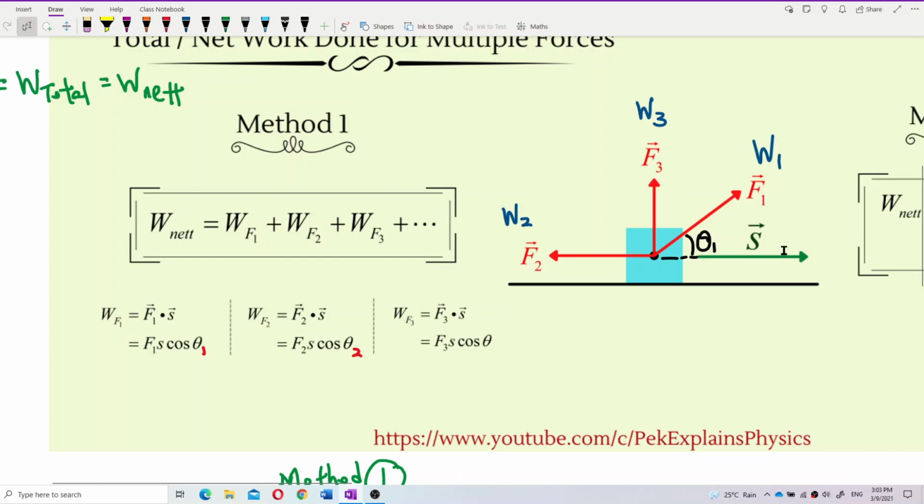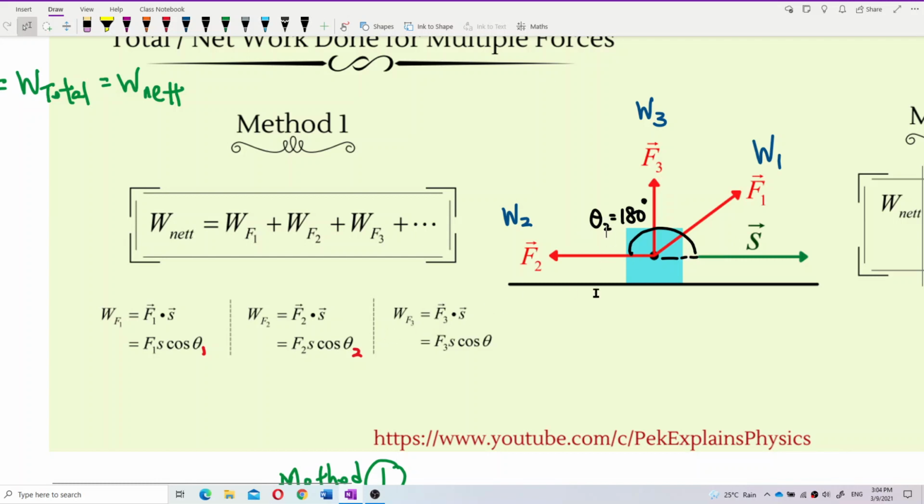Theta 2 is where we compare F2 with displacement, which is 180 degrees. So later on we just put cos 180.